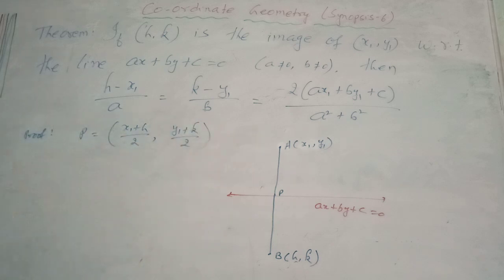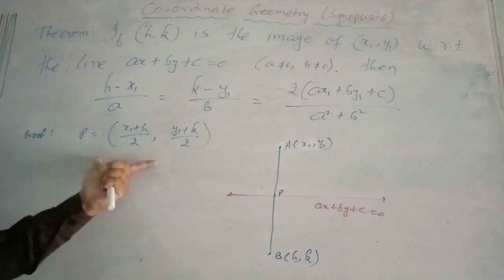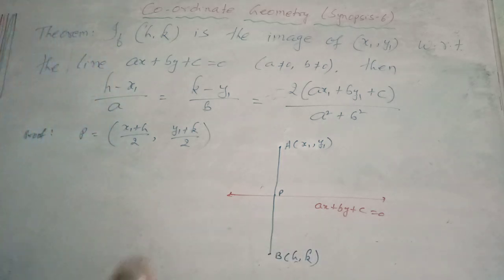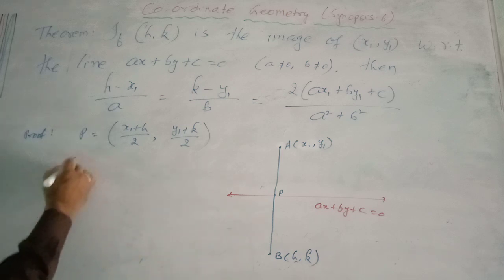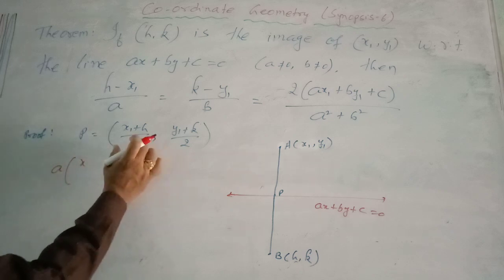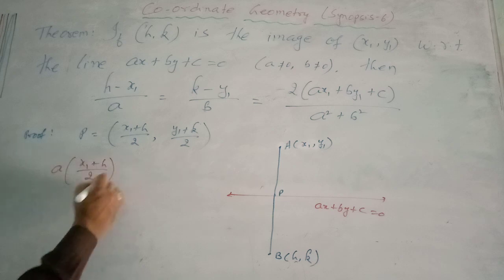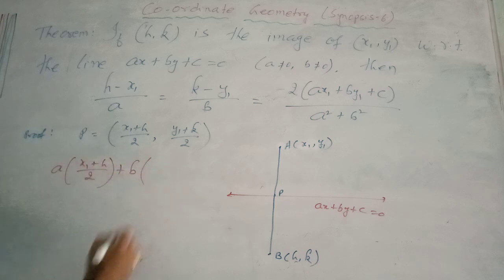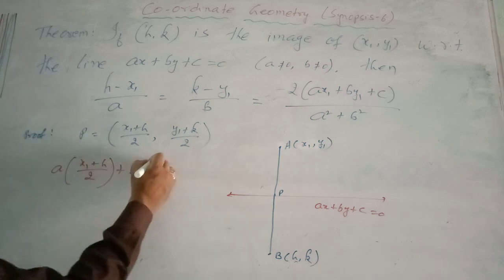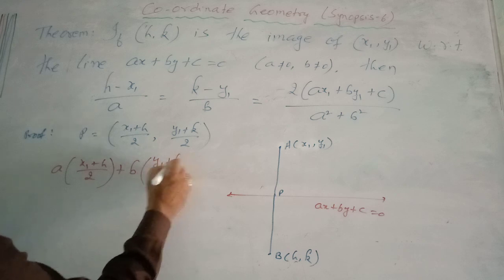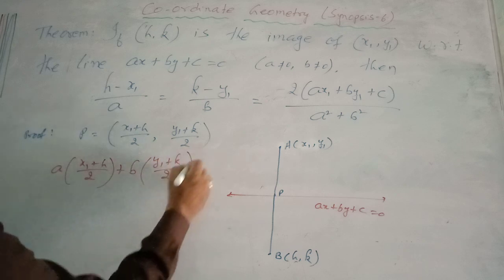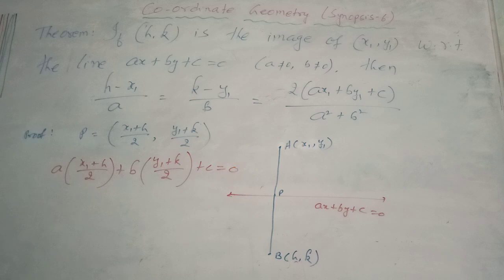This is the midpoint, and this point will satisfy the equation. So I substitute in that equation, in the place of x, a into (x1 plus h) by 2 plus b into (y1 plus k) by 2 plus c is equal to 0.